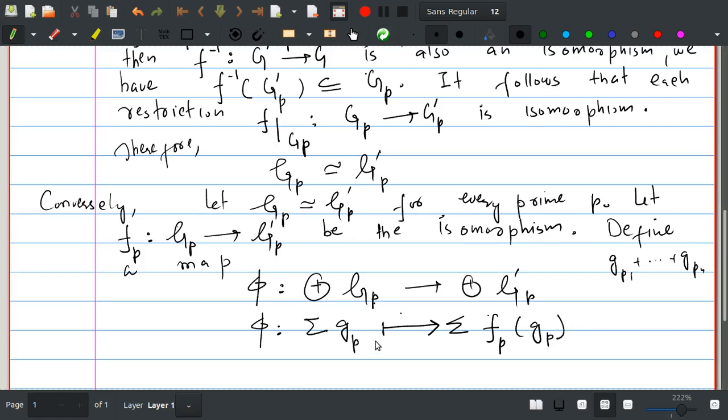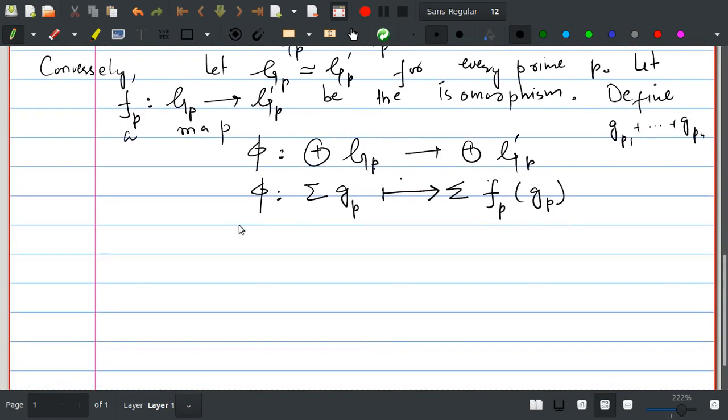One can note that phi is a homomorphism.